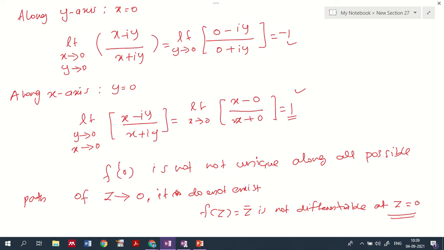So you just verify this. I'll be giving one more function, which you can take as homework.